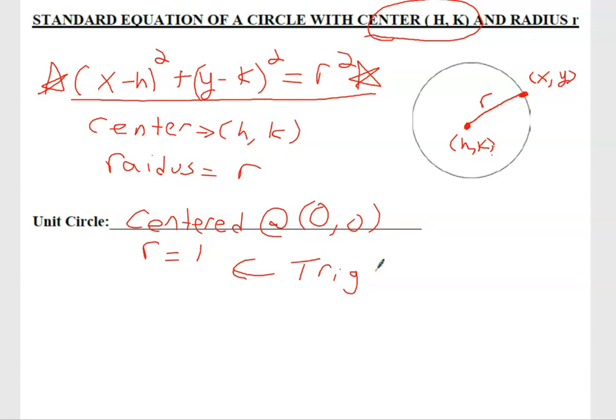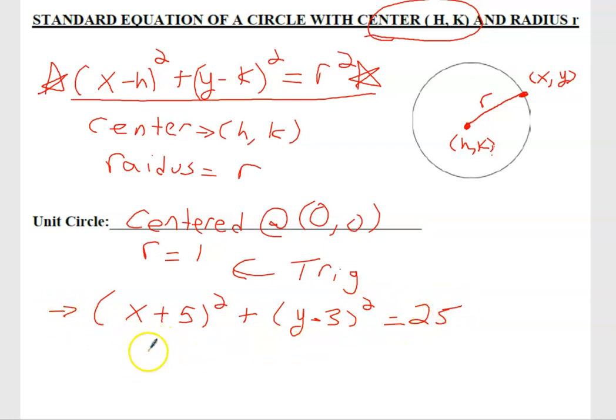For instance, let's say I give you this equation: (x + 5)^2 + (y - 3)^2 = 25. Looking at this equation, what is the center of the circle, and what is the radius of the circle?